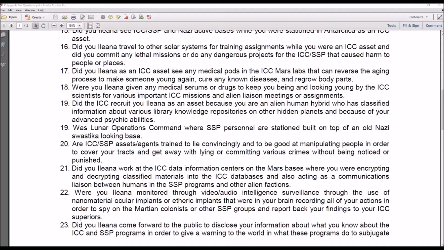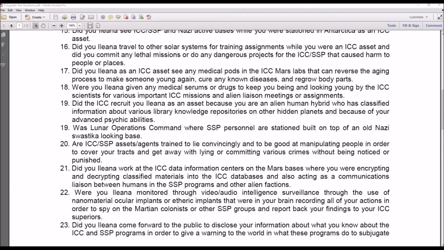The LOC is its own separate building that has offices in various levels and living quarters on the surface of the moon, and also various labs and other offices underground of the base on the moon. So there's surface level offices, and there's also underground facilities where most of the laboratories and the experiments happen.